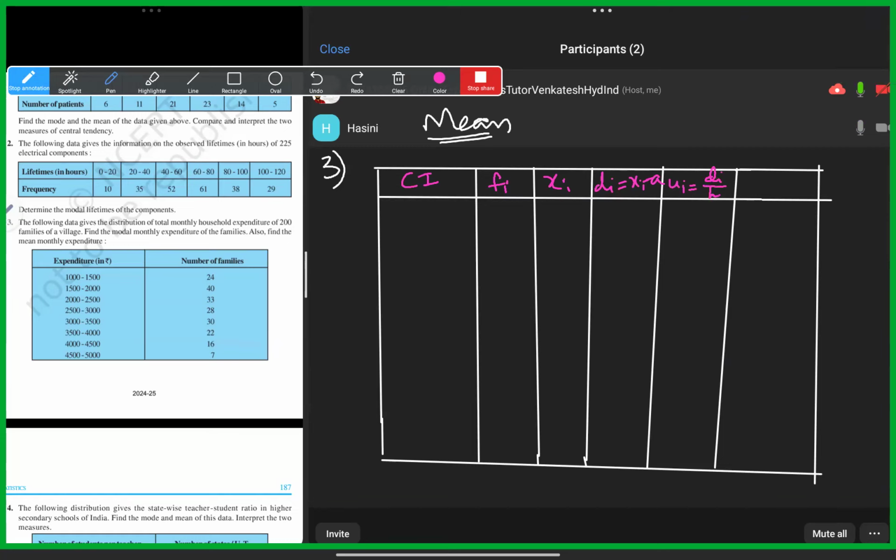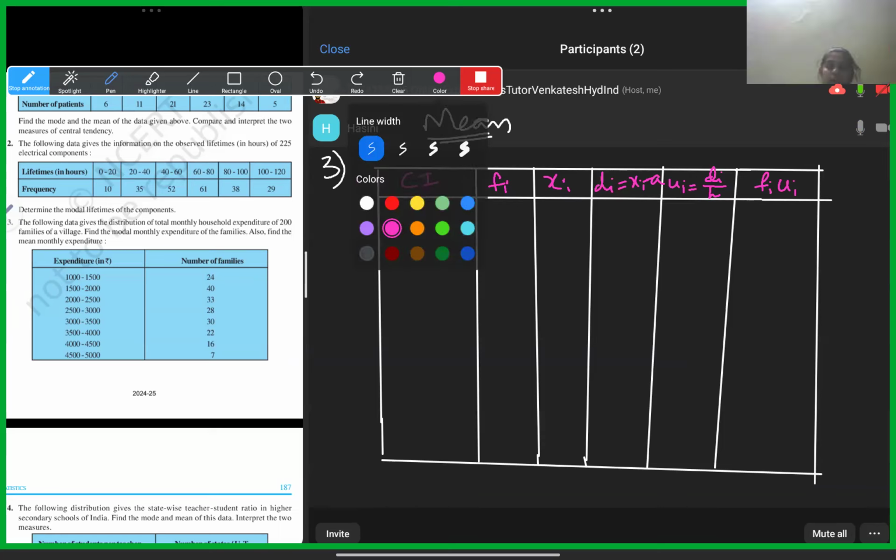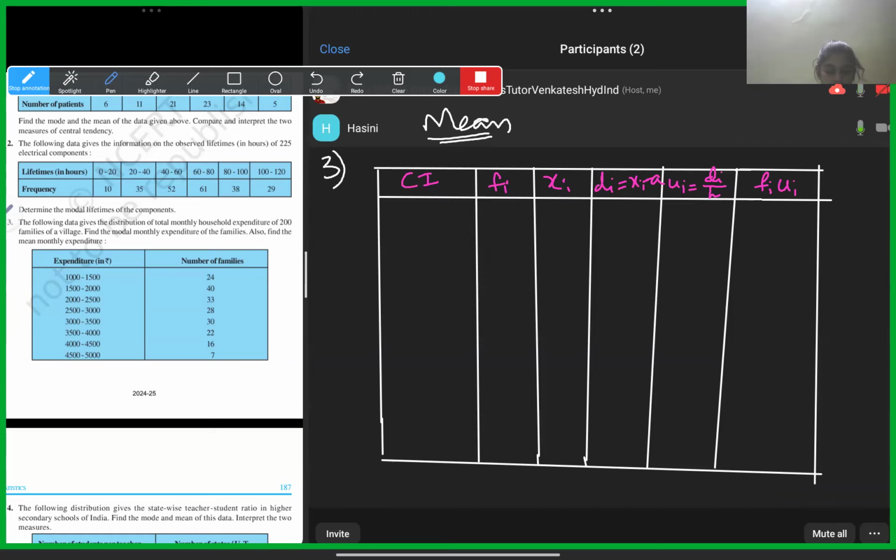Di means whatever xi minus a values we get, that is di, and we divide that by h. Then fi ui we will do.